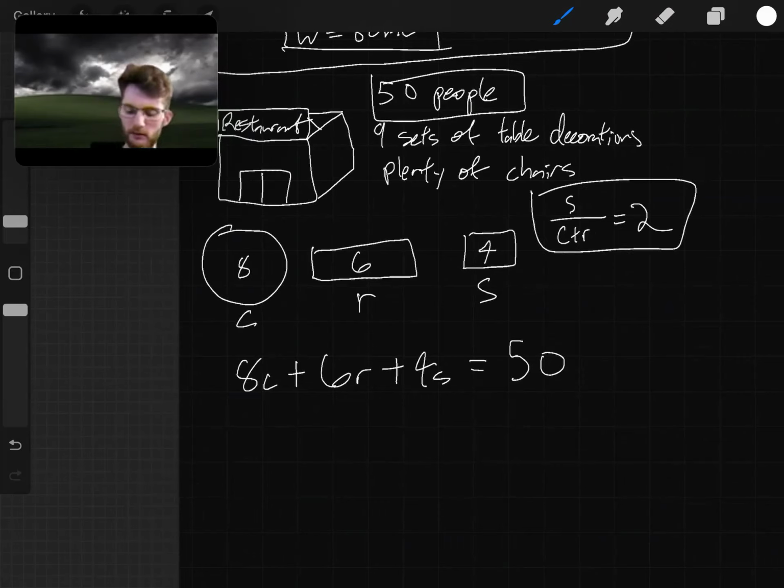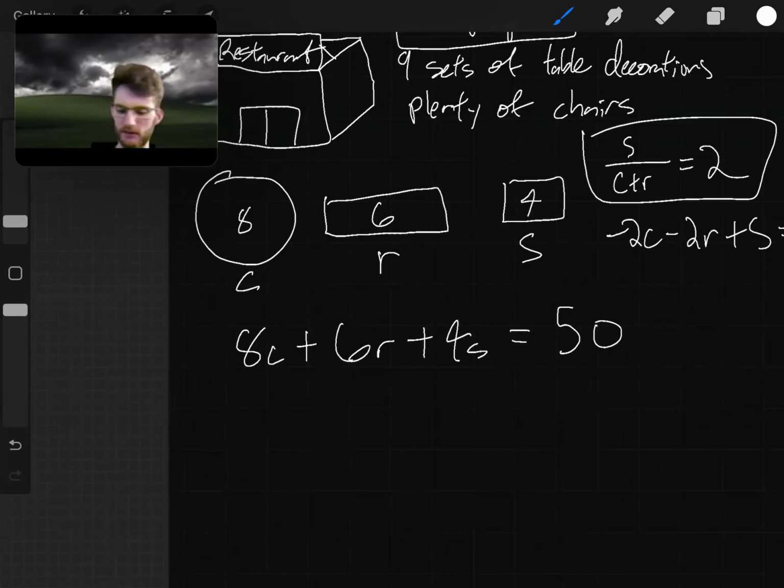So I can rewrite this as negative 2C minus 2R plus S equals 0. And this addresses that I want twice as many square tables as other table types. So this deals with the ratio.